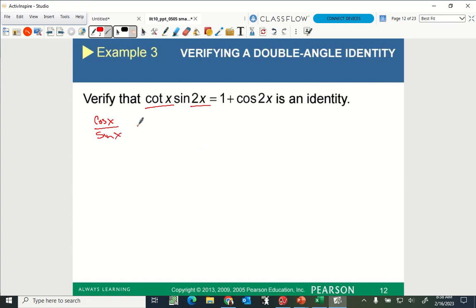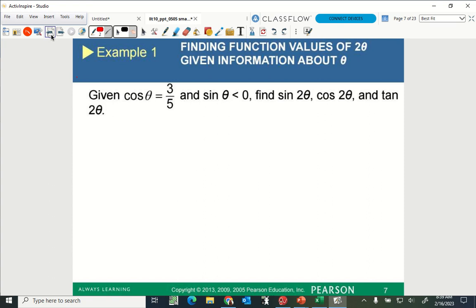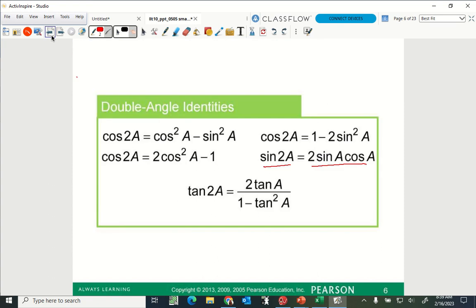There we go. Times, now sine of this double angle, we said that's going to be 2 sine A cosine A.